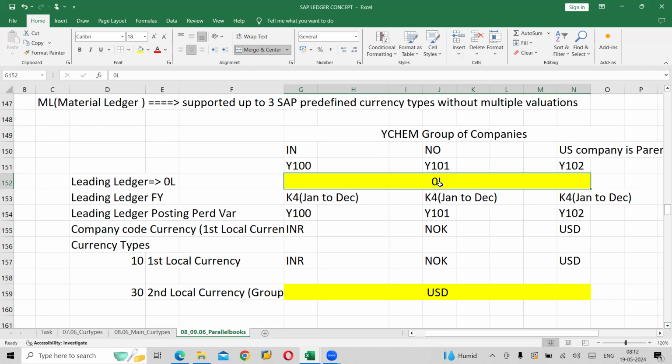So here we have assigned the fiscal year to company codes Y100, Y101, and Y102. Right? All the company codes are using January to December, because my parent company is in US, January to December. Okay, K4. So what would be my leading ledger fiscal year now? What is my leading ledger fiscal year? K4 would be our leading ledger fiscal year.